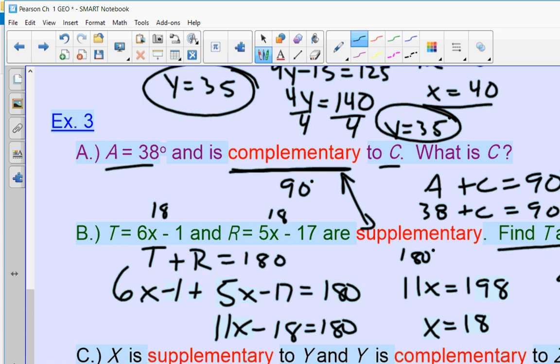If I take 18 and plug it back in for x over here, I think 5 times 18 gets me 90, and 90 minus 17 gives me 73, I believe. So angle R equals 73 degrees. But checking myself, I'd want to make sure that 107 plus 73 gets me 180, and it does. Okay. All right, so that's another test question. Just got to keep our terms correct and make sure we're going the right direction.